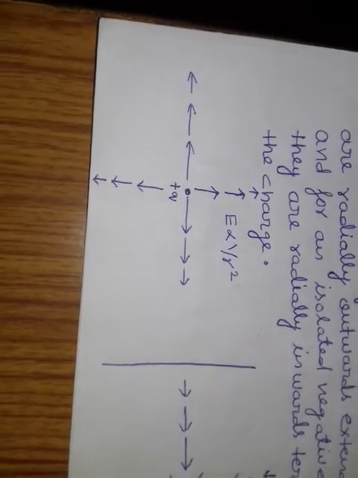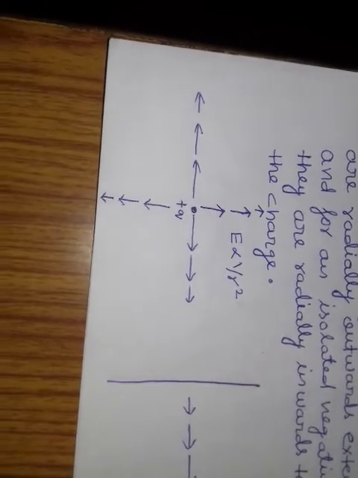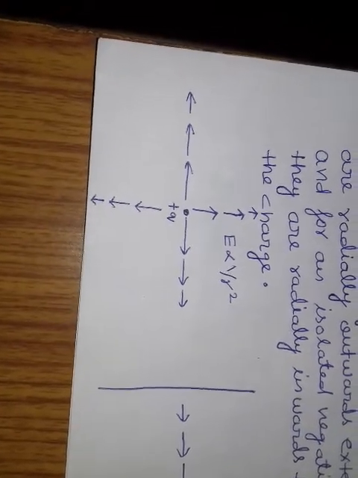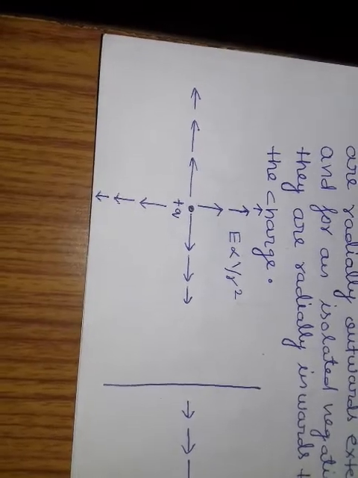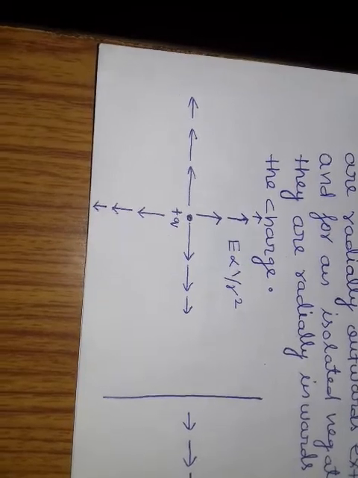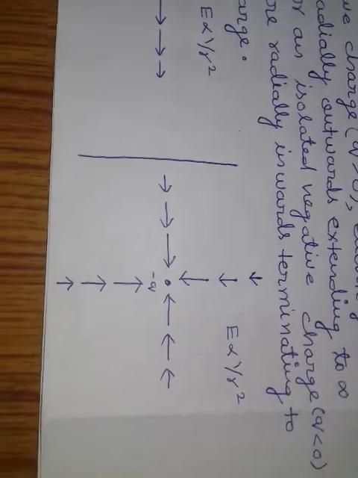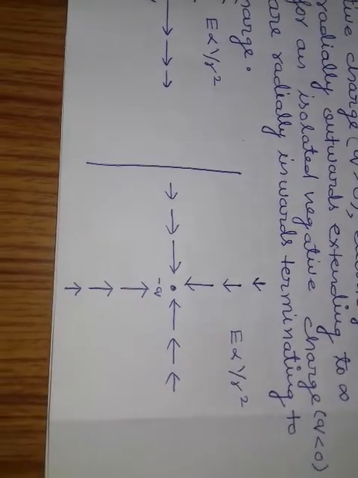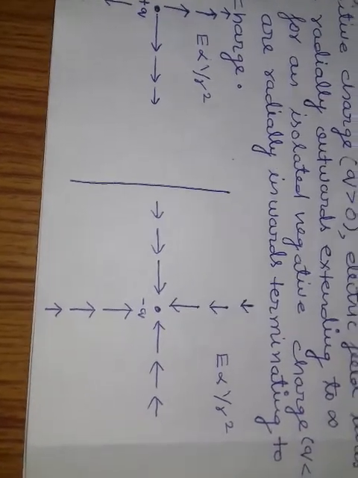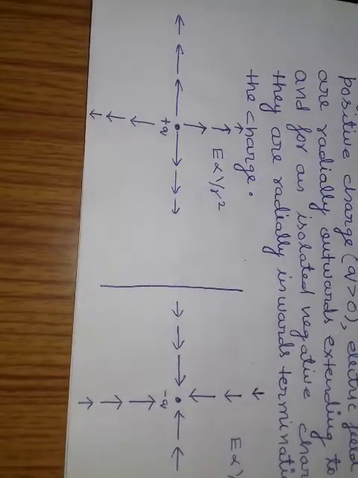You can see electric field lines are drawn with the help of vectors. The arrow represents the direction of electric field lines. They start from the positive charge, approaching infinity. In the same manner, for the negative charge, they approach the negative charge coming from infinity. These are the electric field lines for the isolated positive and negative charge.